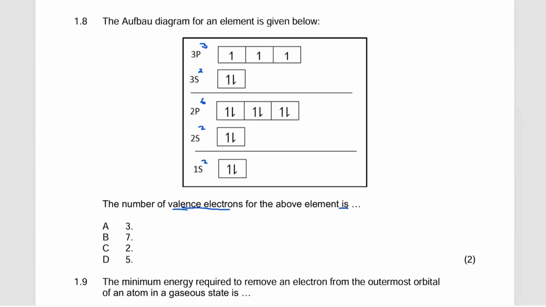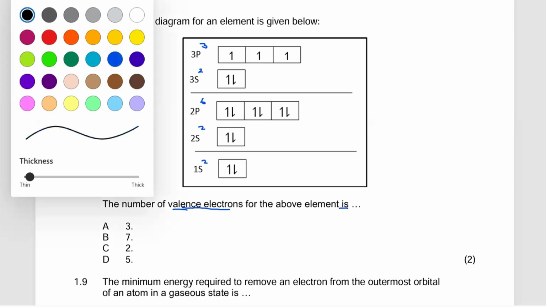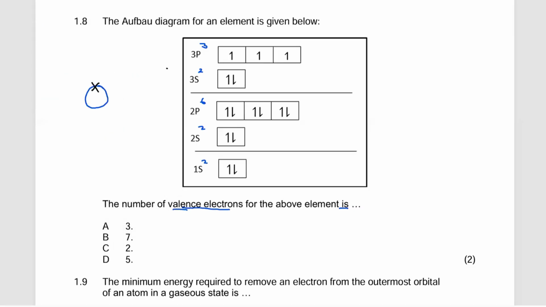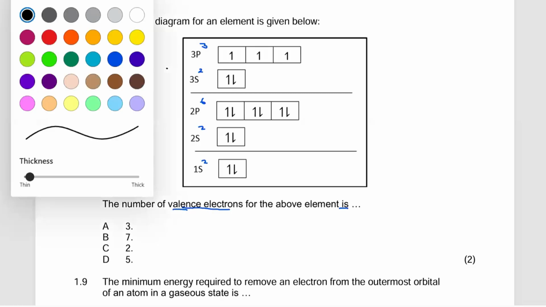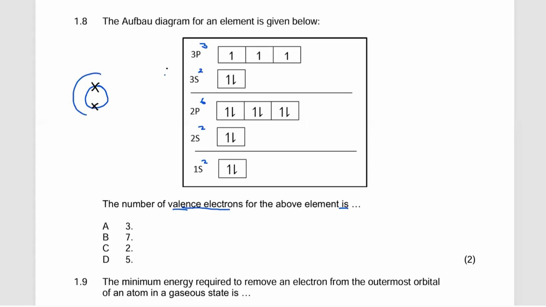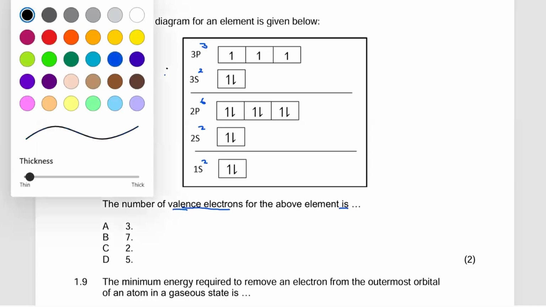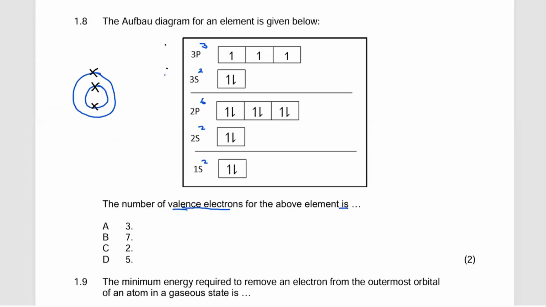In this case we're trying to find the valence electrons, the number of electrons found on the outer shell. If we were to draw our shells, the first shell accommodates a maximum of 2 electrons, the first electron and then the second electron. Then we proceed to the next shell or energy level, where we count a total of 8: 1, 2, 3, 4, 5, 6, 7, 8.